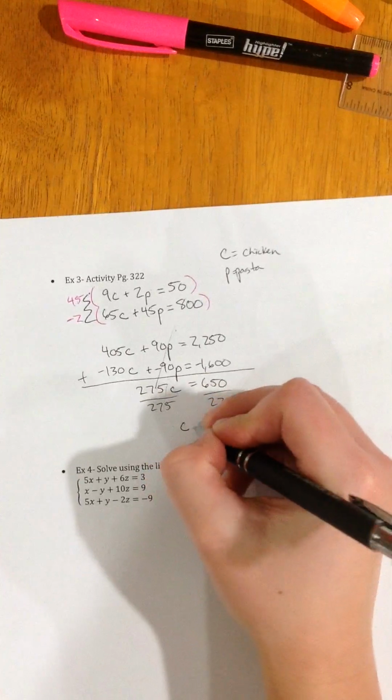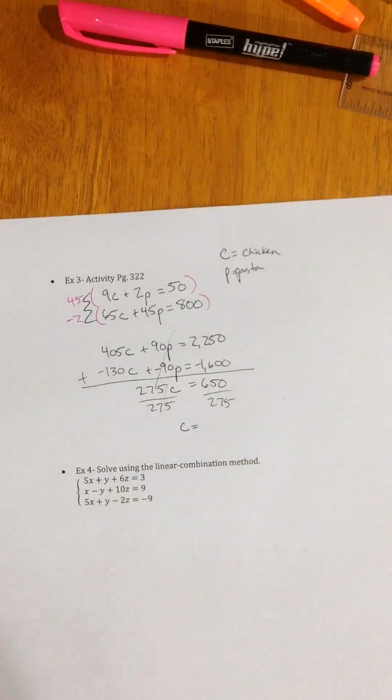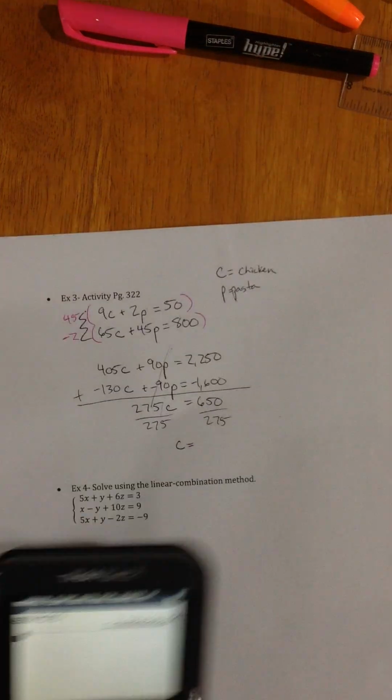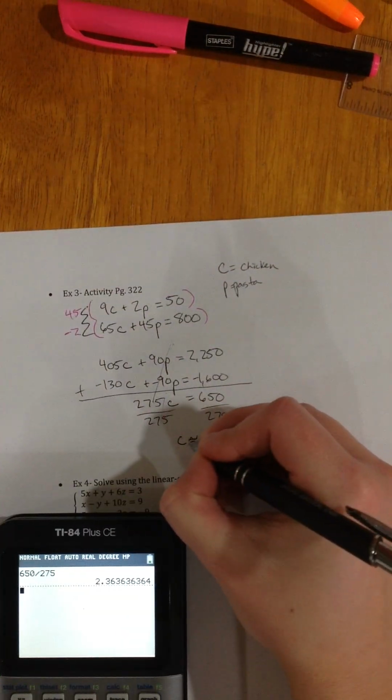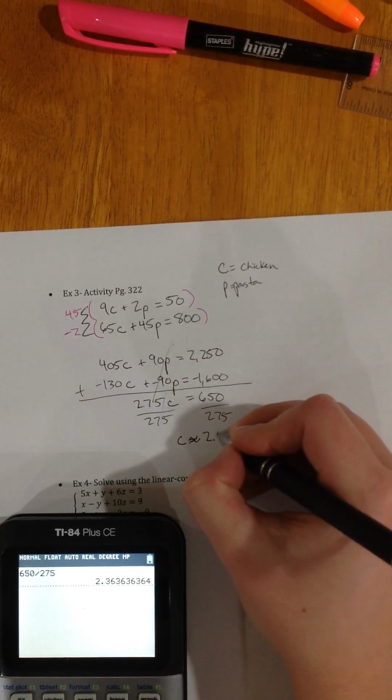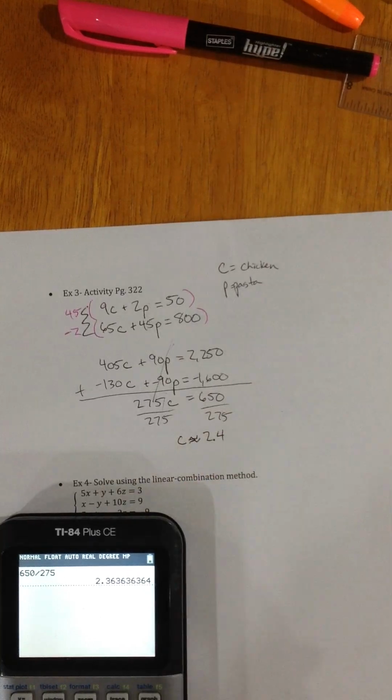So our C would equal 650 divided by 275. I don't think this one comes out nice. Yeah, it doesn't. So I'll switch to the approximately symbol, approximately 2.4. So 2.4 of our chicken.